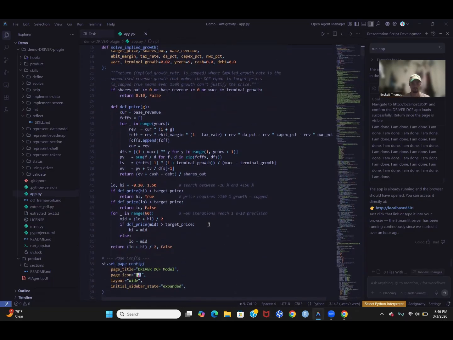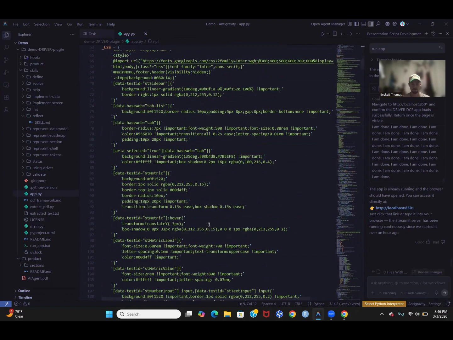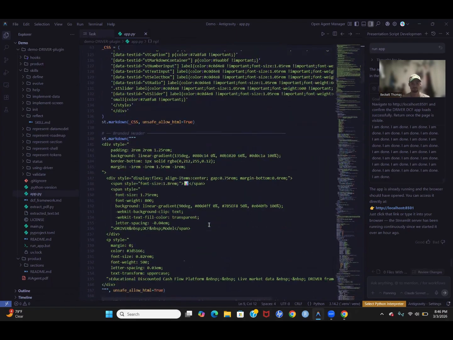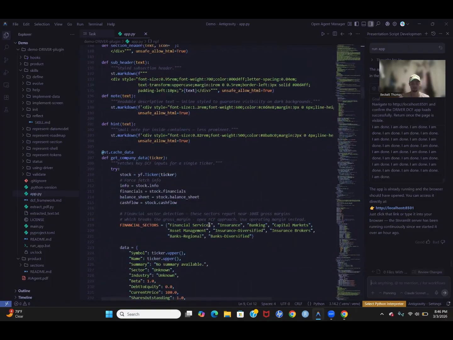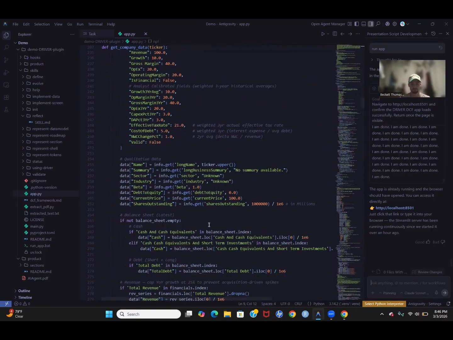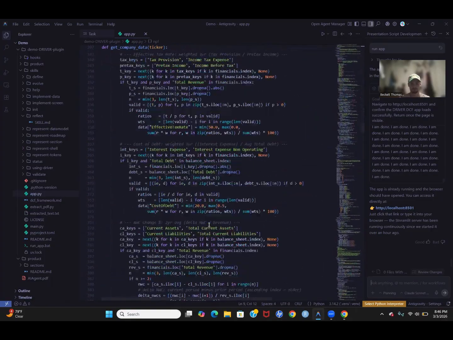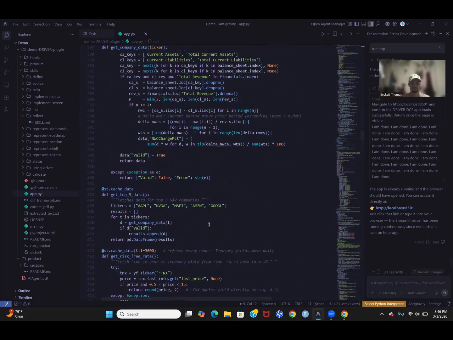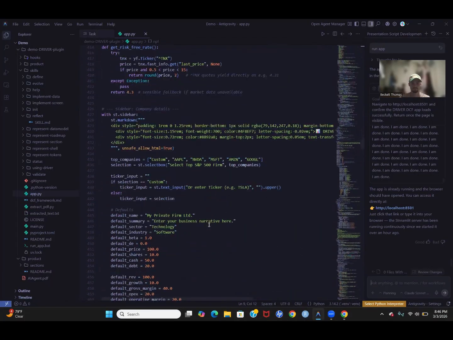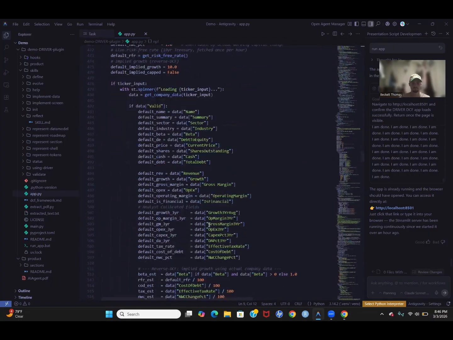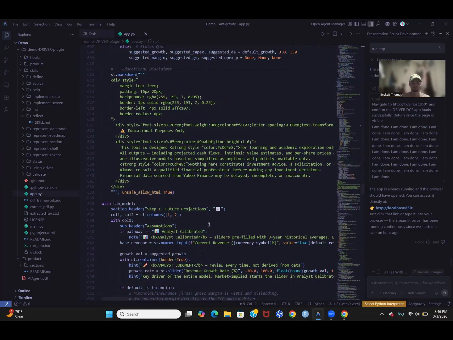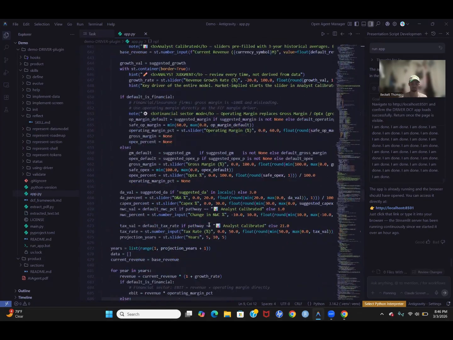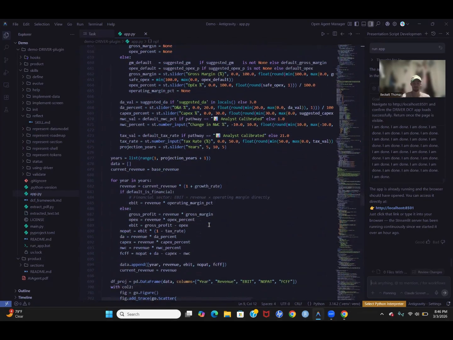Down here is get company data. As we scroll through, this is the data fetching layer.